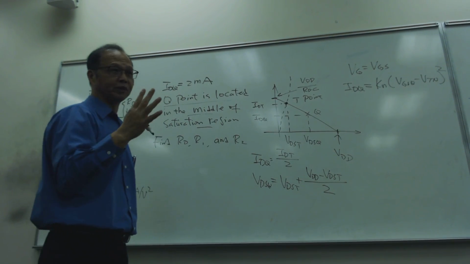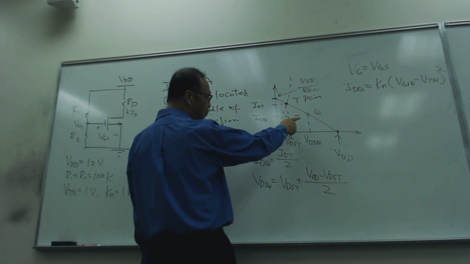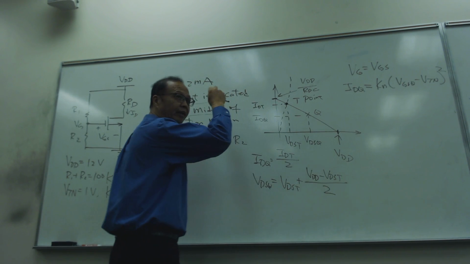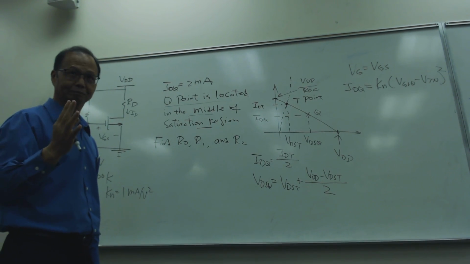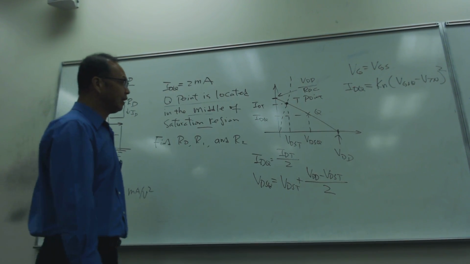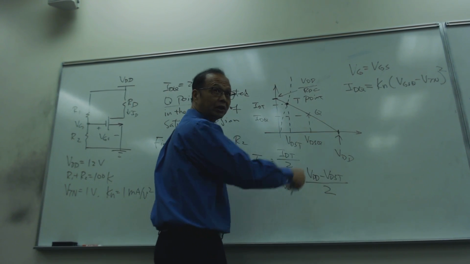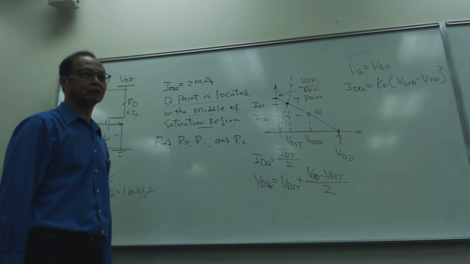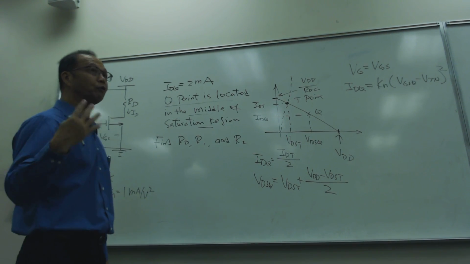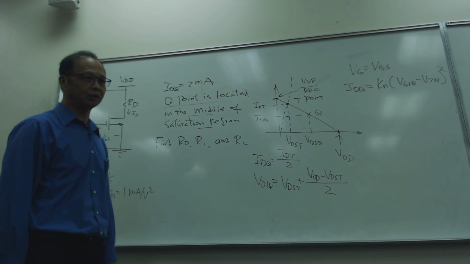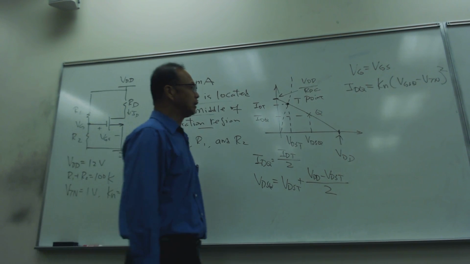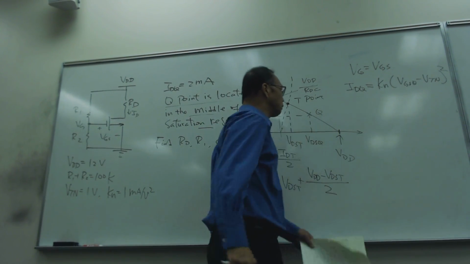I do not have to assume saturation because, by looking at this, I know that the MOSFET is in saturation, correct? If the Q point is located below the locus, that is saturation. So I know for sure that I'm in saturation. Okay, so therefore you can use this equation.